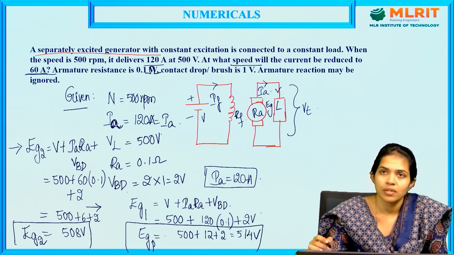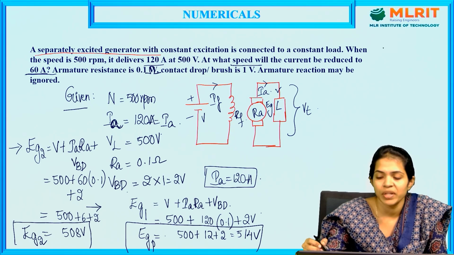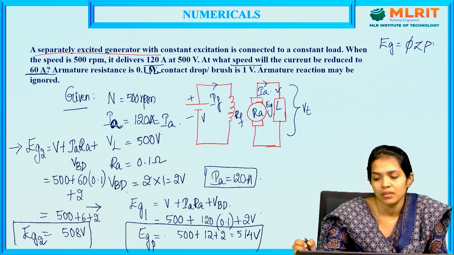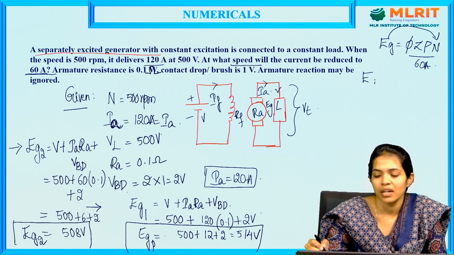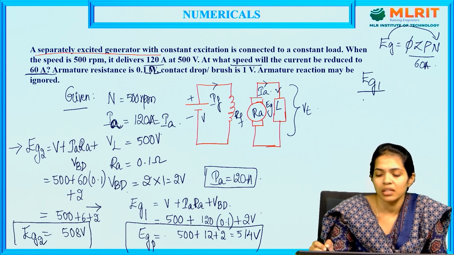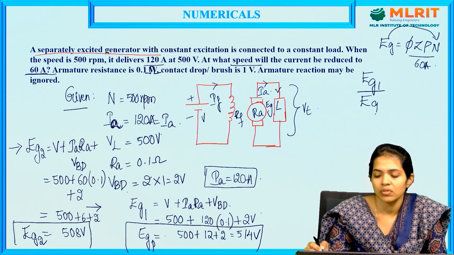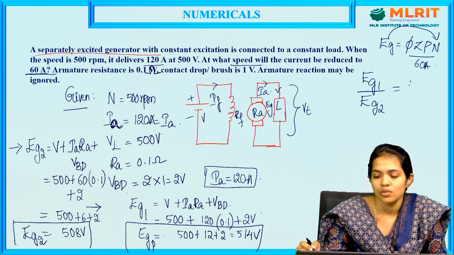So from this, we have the equation for speed. We know that EG equals pi ZNP by 60A. From this, we can take the direct proportional relation between the speed and EG. So I can write EG1 by EG2 is equal to N1 by N2.